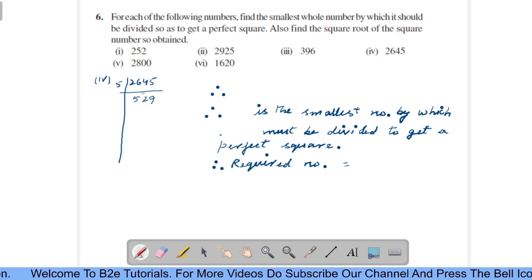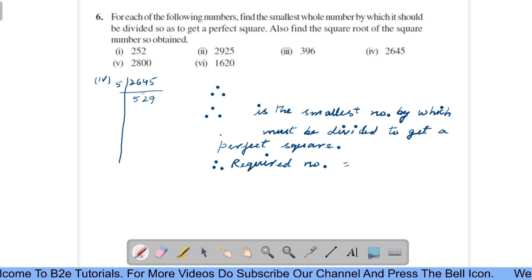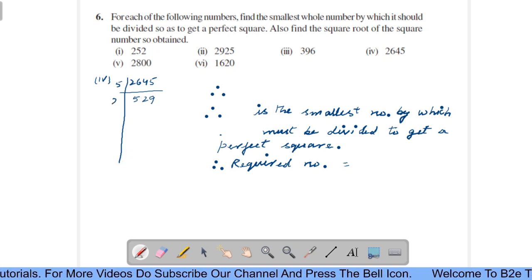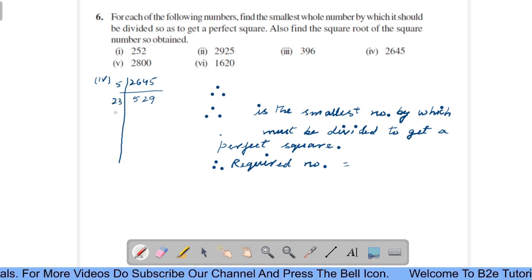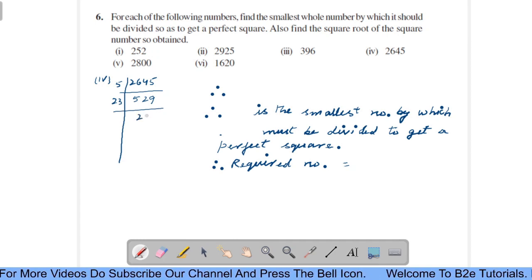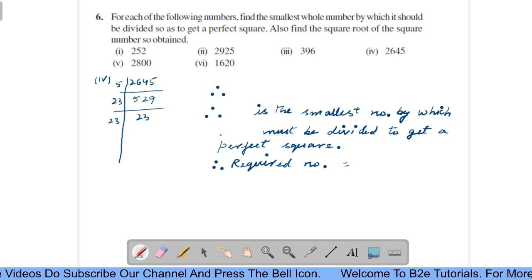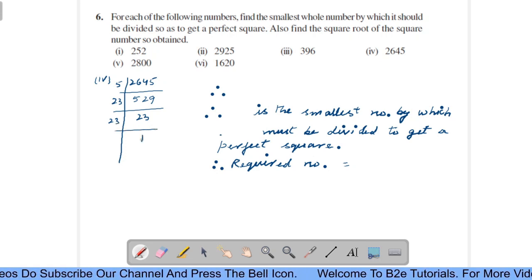Now divide 529. So 529 is divided by 23. Divided by 23, you will get 23. Again by 23, you will get 1.